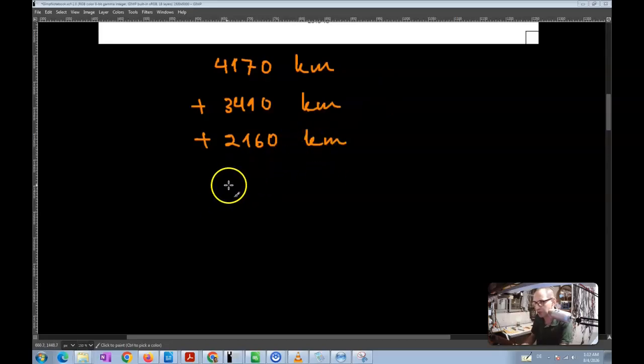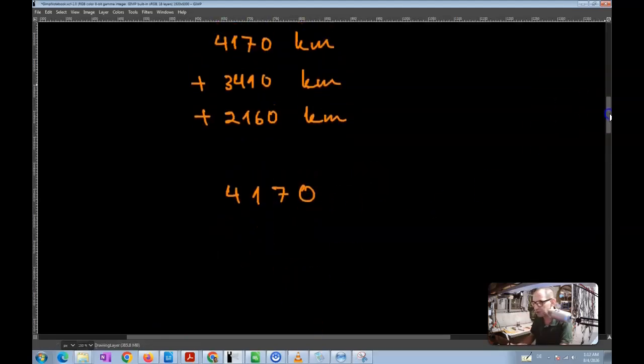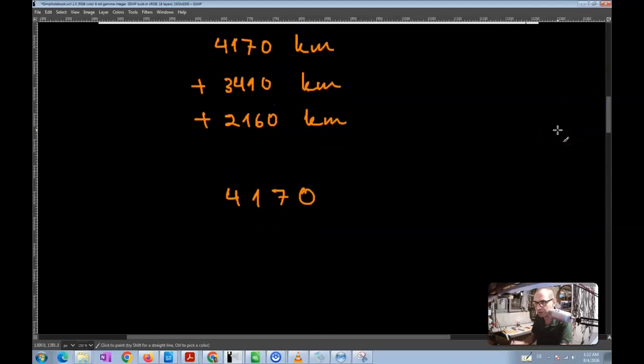Now in order to add your numbers, you have 4,170, right? It's always a good idea to write your numbers in such a way that everything comes in the same column. For example, 3,410. You see that I write the 0 below the 0, 1 below the 7, 4 below the 1, and 3 below the 4, right?